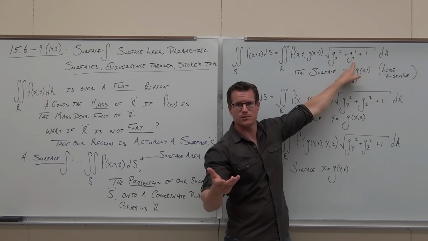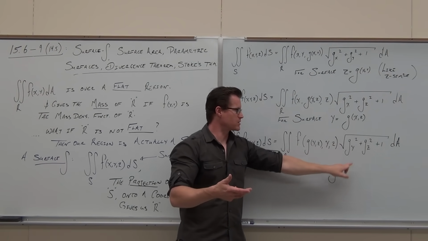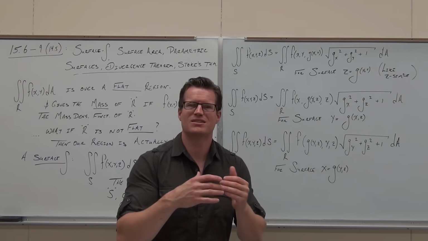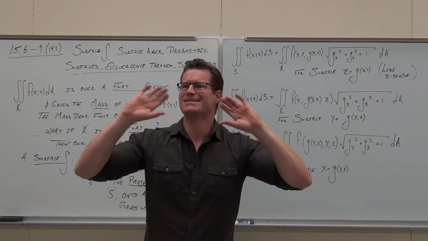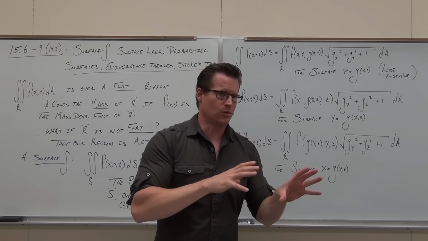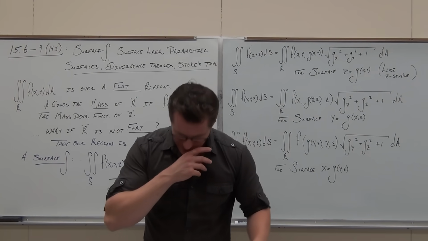And that's what that's doing. Here, you could take one with respect to x and z. Here, with respect to y and z. And so it's just kind of the same formula. It just depends on what you want to define your surface as. Whether you want z equals, think like z simple. Y equals, think like y simple, or x equals, think like x simple. Does that make sense to you? So that's the idea.